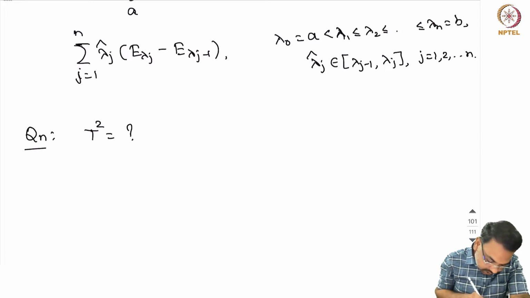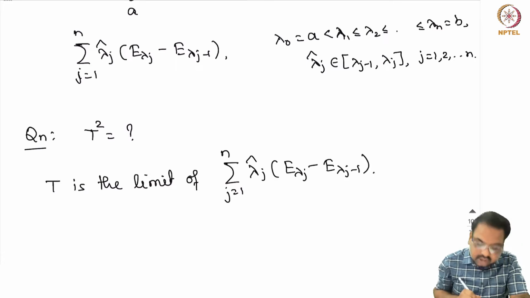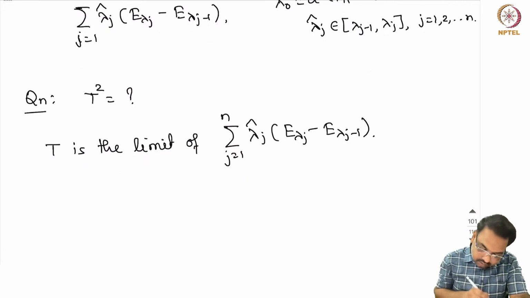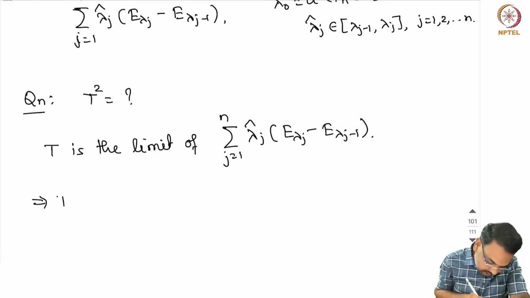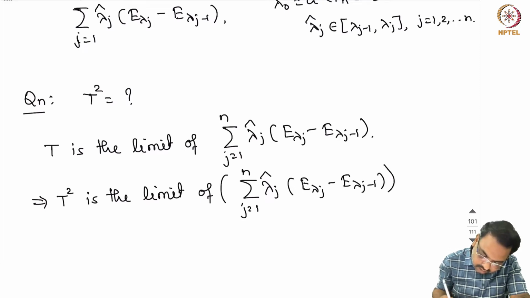Now T is the limit of summation j equal to 1 to n of lambda j hat times (E lambda j minus E lambda j minus 1). So this implies T square is the limit of the square of this summation.